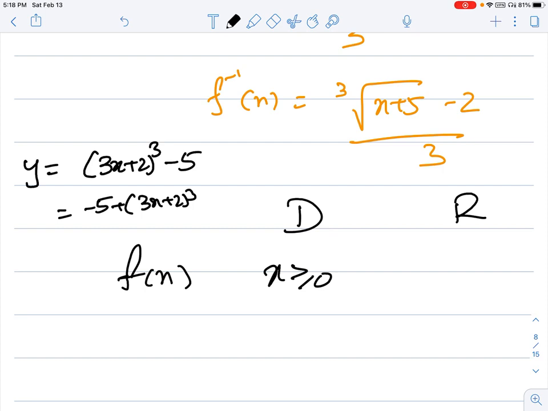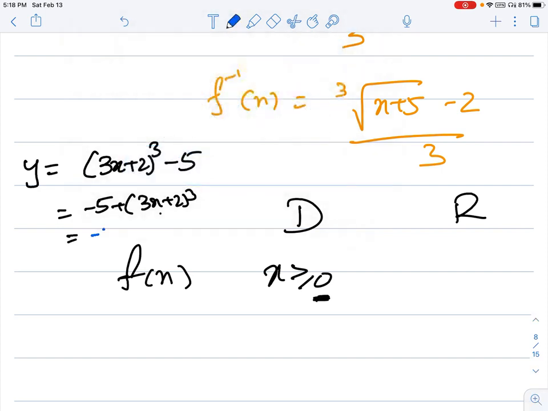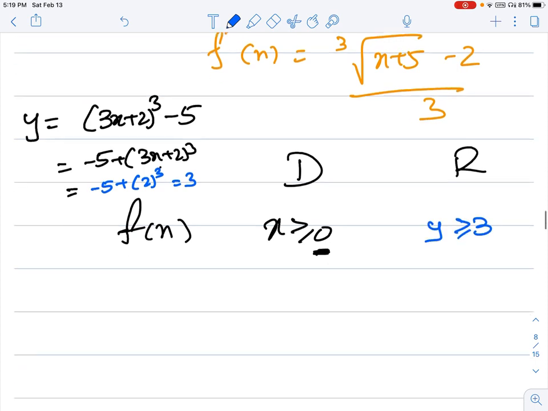The minimum value of x is 0, right? So I substitute the minimum value of x, so it becomes minus 5 plus 2 whole cube, which becomes 3. So its minimum value is 3, so the range will be greater than or equal to 3.